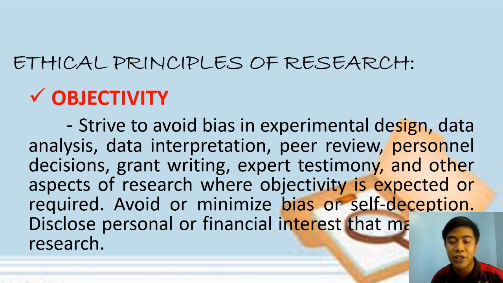Disclose personal or financial interests. So objectivity means the researcher should not be influenced by their personal feelings or opinions in representing their facts, in order for the research not to be compromised in its quality. Never deceive.